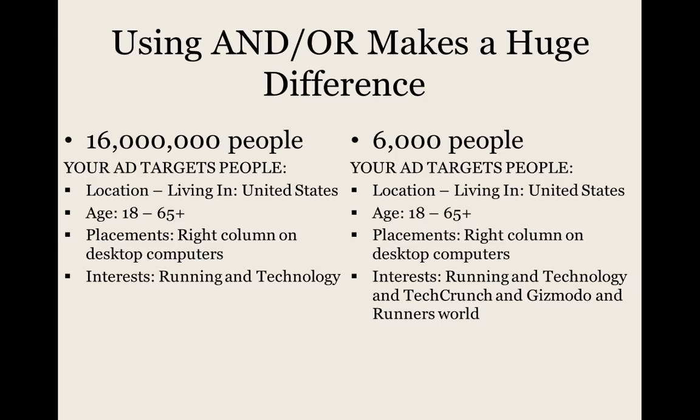Here, 6,000 people: your ad targets people living in the United States, age 18 to 65 years old, placements right column on desktop, runners, interest running and technology and TechCrunch and Gizmodo and Runner's World.